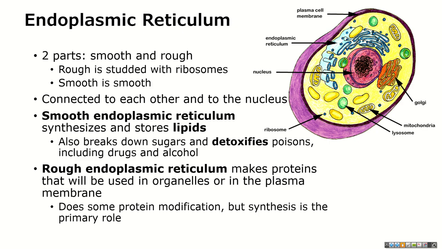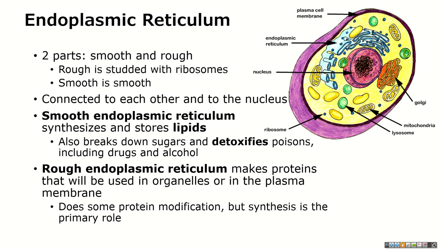So one of the things about developing new medicines is to get them past the smooth endoplasmic reticulum so that it doesn't think they're toxic and need to be broken down. That's actually one of the challenges of making medicines. So the smooth endoplasmic reticulum makes lipids, breaks down sugars, and detoxifies toxins.